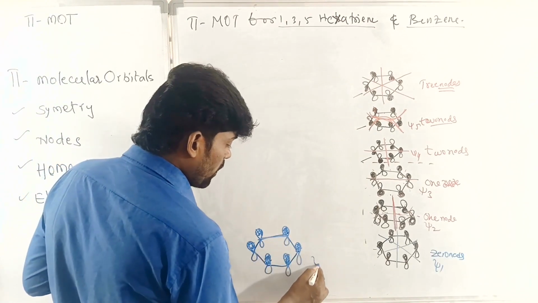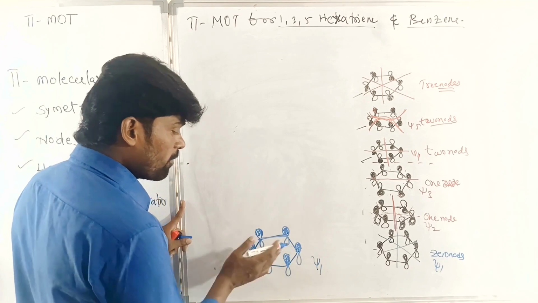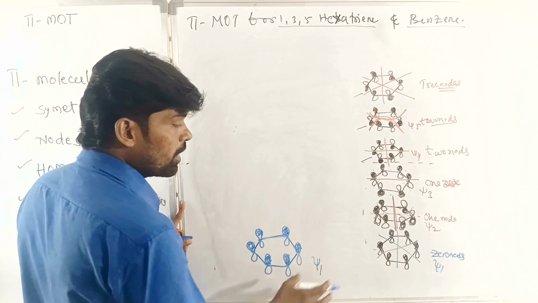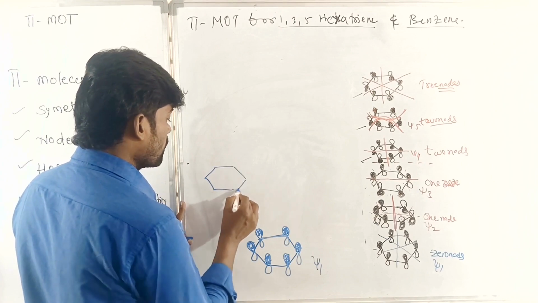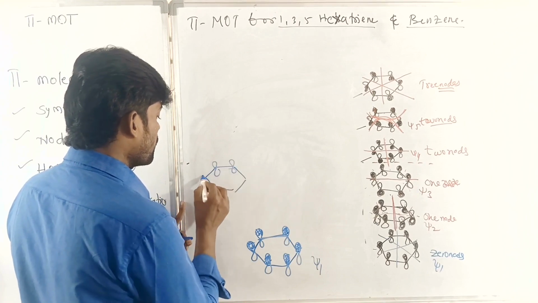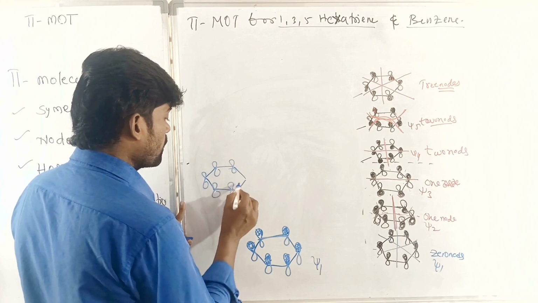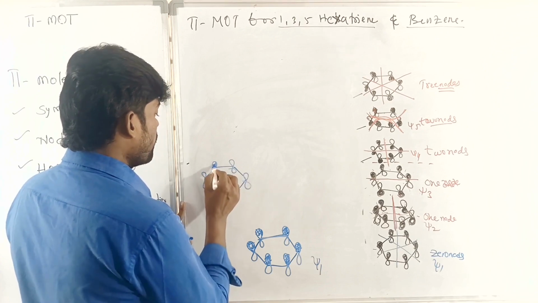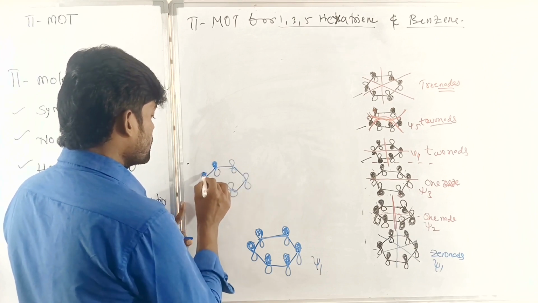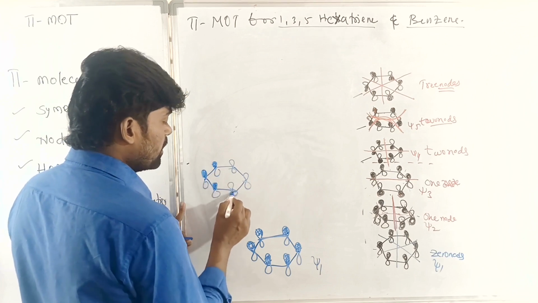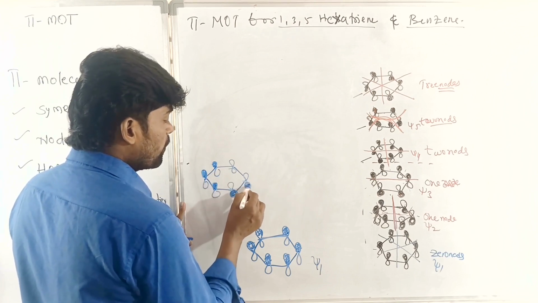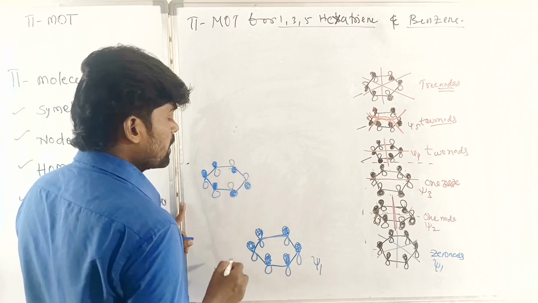And so now I am giving a very low level for this psi 1 molecular orbital. Coming to psi 2, C1, C2 and C3 are upside, C4, C5 and C6 are downside.